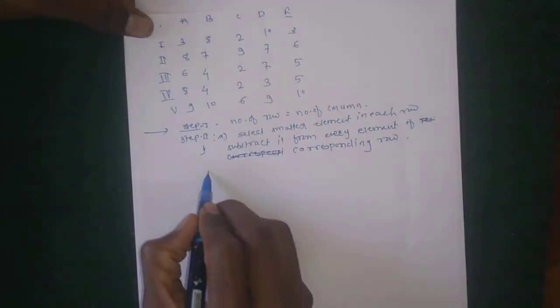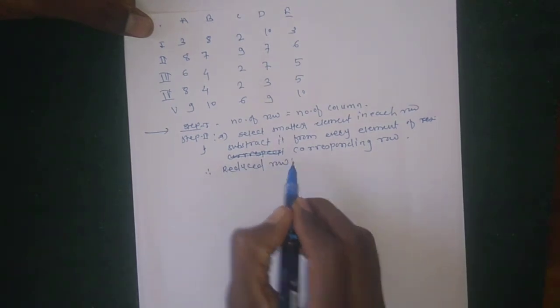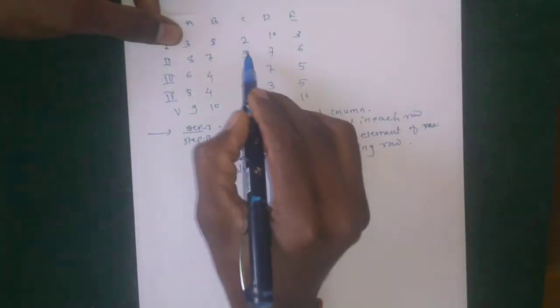Okay, so therefore the reduced row is here. In the first row, the smallest element is 2.